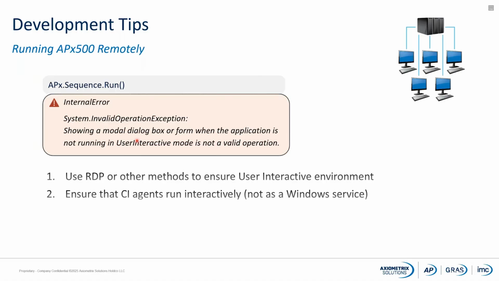So what you will need to do is use RDP, the remote desktop protocol, or other methods to first create a user interactive environment that the application can launch into. And this might involve making sure that if you're doing continuous integration, your agents run interactively and not, for example, as a Windows service.